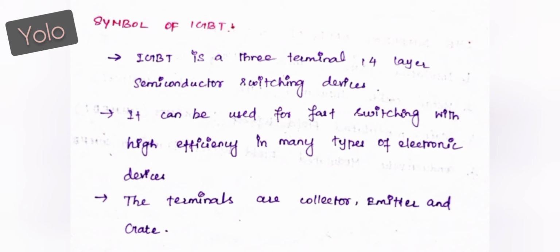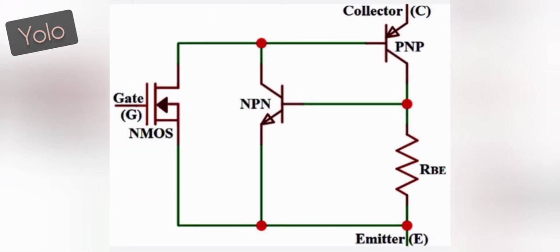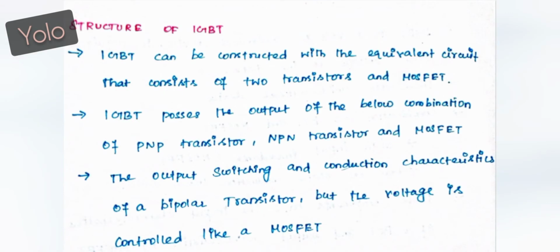Structure of IGBT. IGBT can be constructed with an equivalent circuit that consists of two transistors and a MOSFET. IGBT possesses output from the combination of a PNP transistor, NPN transistor and MOSFET. It has the output switching and conduction characteristics of a bipolar transistor, but the voltage is controlled like a MOSFET.